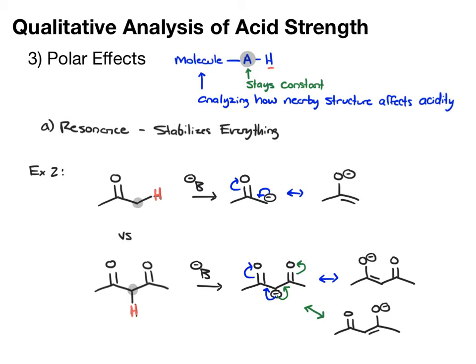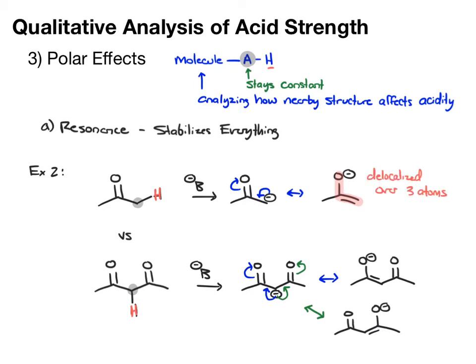So there's a couple ways to think about this. Probably the simplest way is just to say more resonance, more stable. A more technical way to think about this is, how many atoms the charge is delocalized over. In the top conjugate base, the charge is delocalized over 3 atoms.